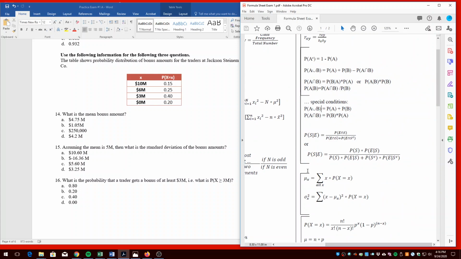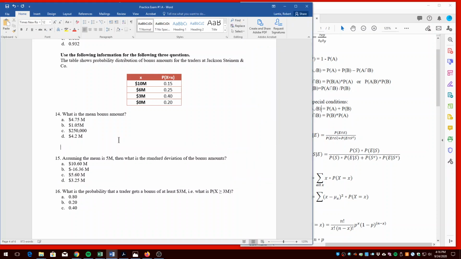So all we do to find the mean there is go through each value for x and multiply it by the probability we see that value for x, and then add them all up. So here, it'll be as simple as take that 10 million, multiply it by 0.15, add to that 6 million times the probability that we see 6 million, which is 0.25, add to that the next possible outcome, 3 million times the probability we see 3 million, and then add to that 0 times the probability we see 0.